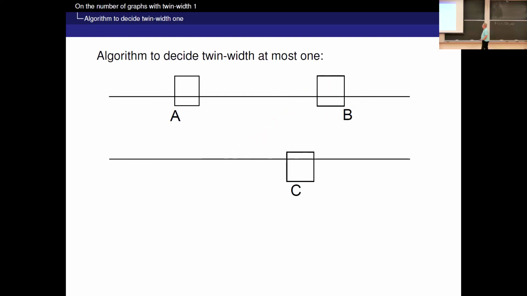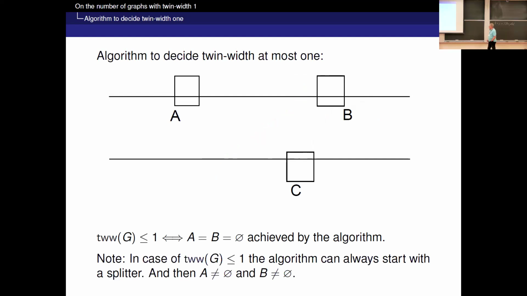And if we end up with this diagram, then the graph has twin width at most 1. Otherwise, it has not. Furthermore, in case of a twin width 1 graph, we can always start with this splitter, as I said, and then A and B are non-empty if we do that.